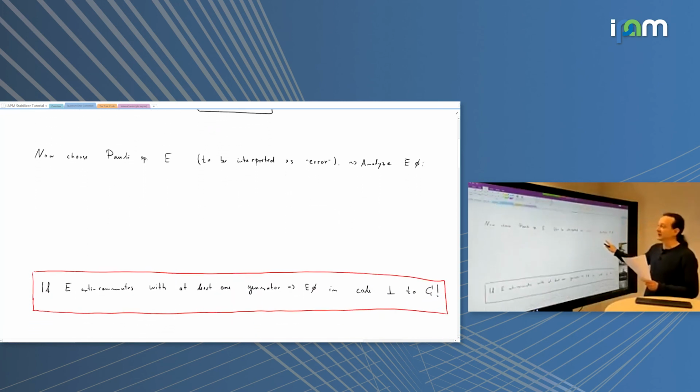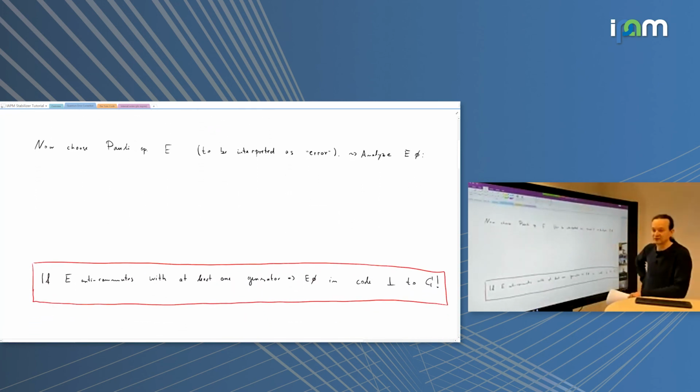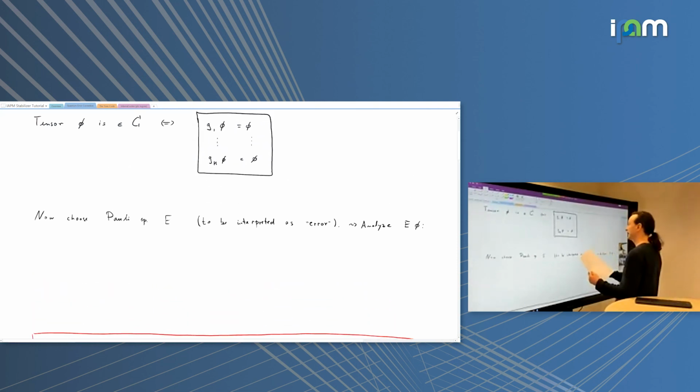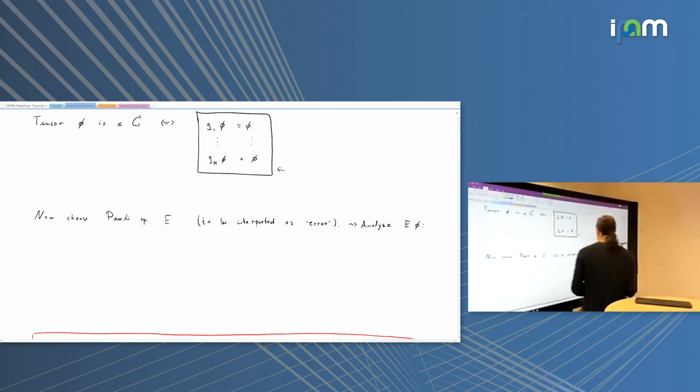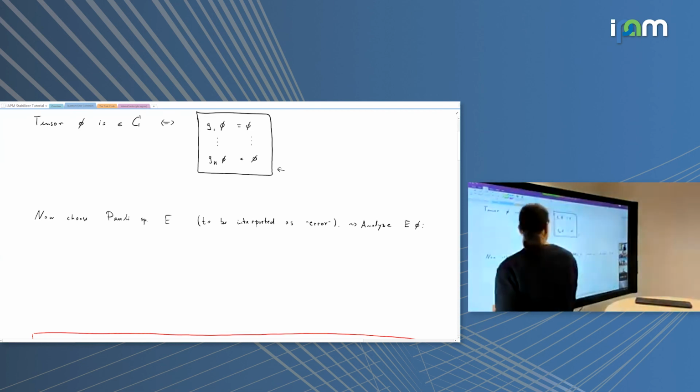And now we choose some Pauli operator E, and I use the letter E because the Pauli operator I'm looking at now will be interpreted as an error. And I analyze what happens to these eigenvalue equations up here when I evaluate them not for phi, but for E phi. Now this is a calculation that many of you will have seen before.